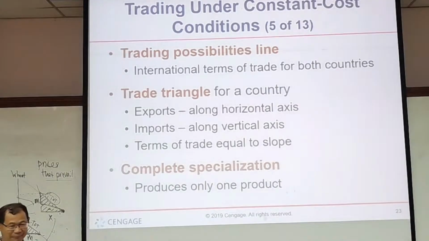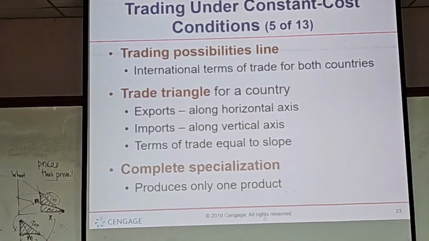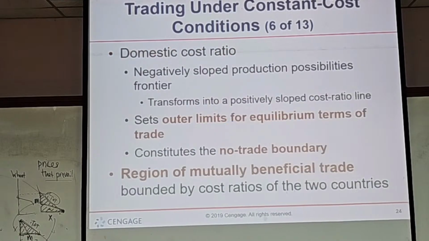Push only one product. Specialization, domestic, negatively sloped production possibility frontier, transforming into a positive slope. Good. Set out the limit for the trade triangle: the no trade boundary, the slope that is the domestic cost ratio. The region of mutual positive cost ratio sets out the limit for equilibrium terms of trade.